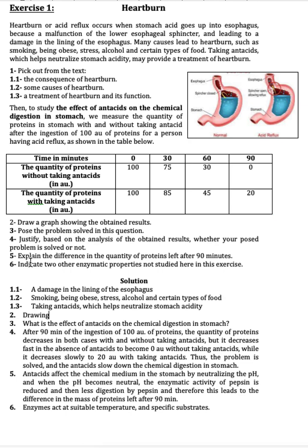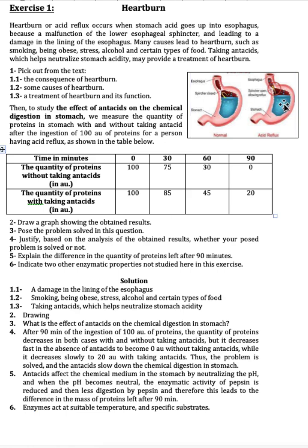Question 5. Explain the difference in the quantity of proteins left after 20 minutes. Why do we have this difference? You know that the antacid neutralizes the acidity of the gastric juice.